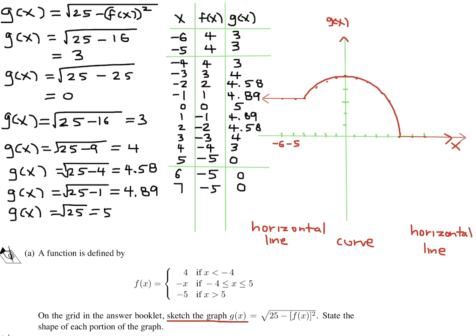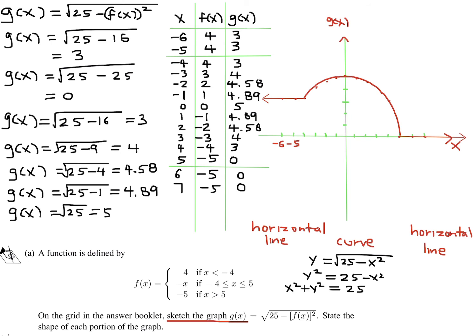But one thing I did notice in this graph, g at x, is that if you call g at x y, and let's say you called f at x x, this is essentially what you would boil down to. And if you take the square of both sides, you get y squared is equal to 25 minus x squared. And if you put everything on one side, you get x squared plus y squared is equal to 25.